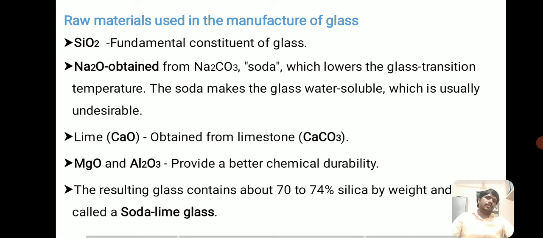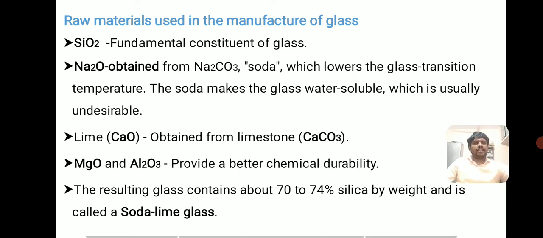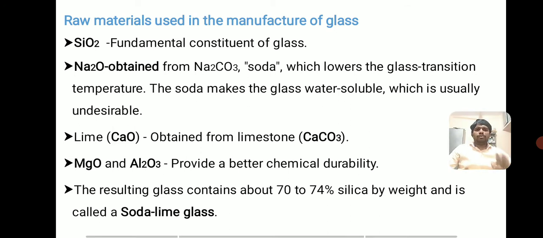Another raw material is lime, that is calcium oxide, usually obtained from limestone, that is calcium carbonate. Other materials are magnesium oxide and aluminum oxide, and these two provide better chemical durability. So the resulting glass contains about 70 to 74% silica by weight and is called a soda lime glass.